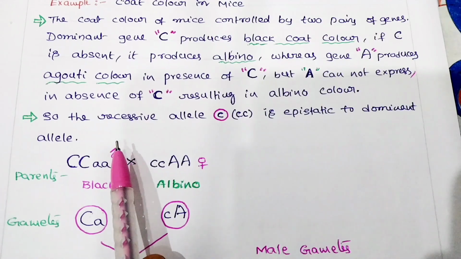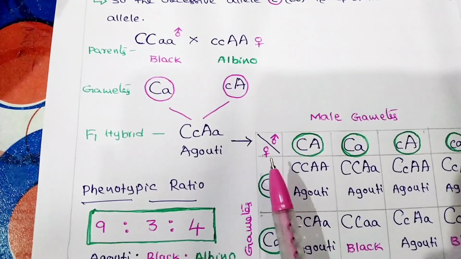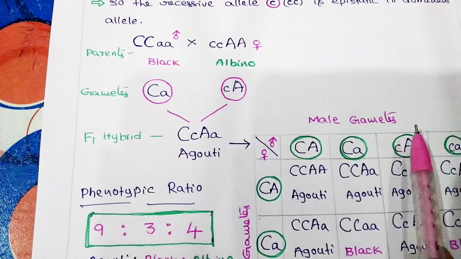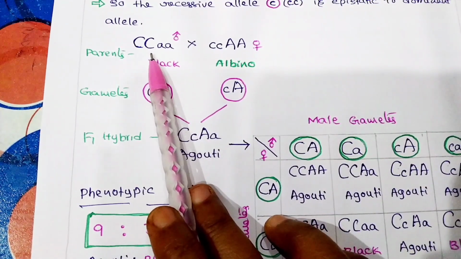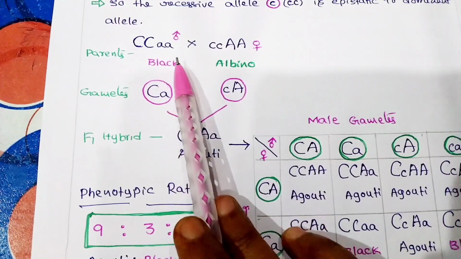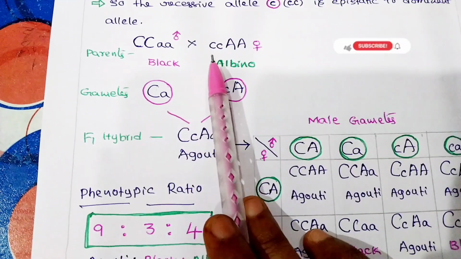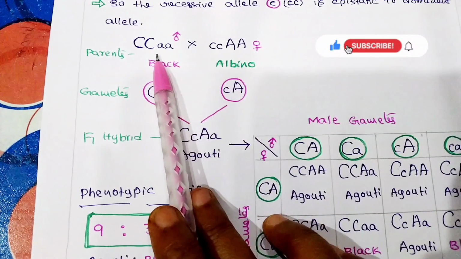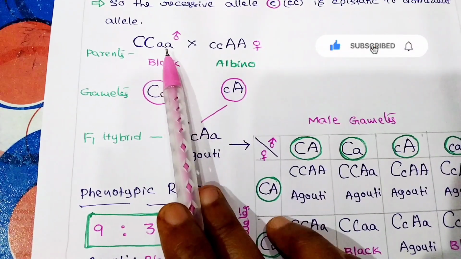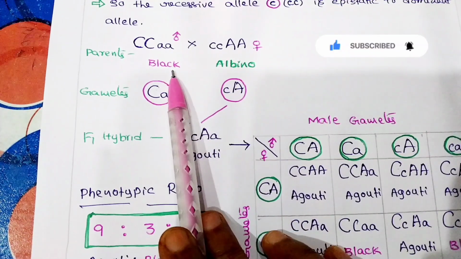So remember the situation. You have to remember it carefully. Let's see the Punnett board. When the pure breed capital C small a black individual is crossed with small c small a. Remember, here capital A is absent, small a is present. That's why capital C produces black color.